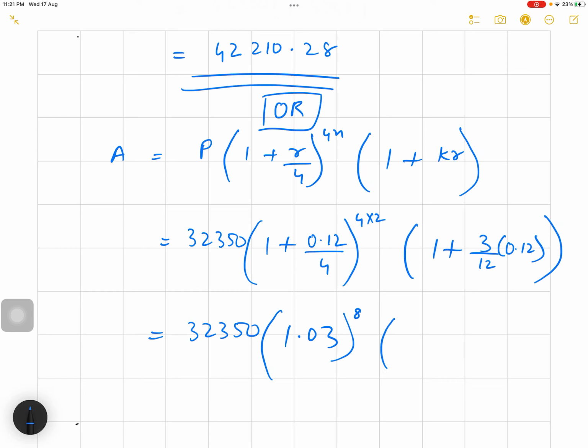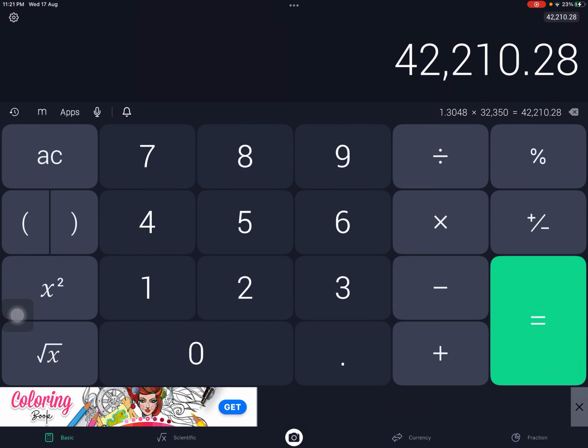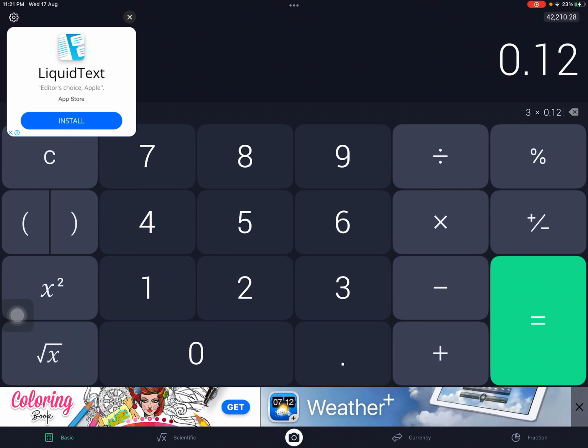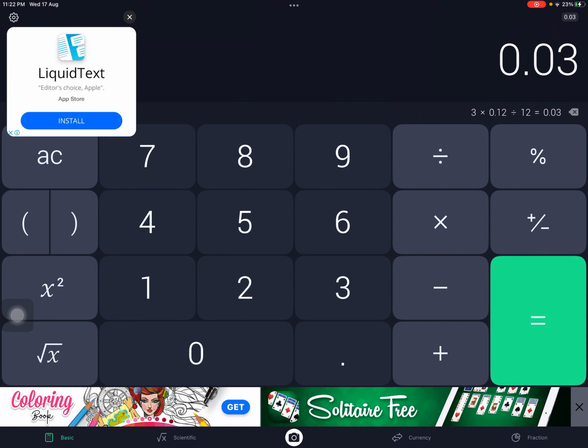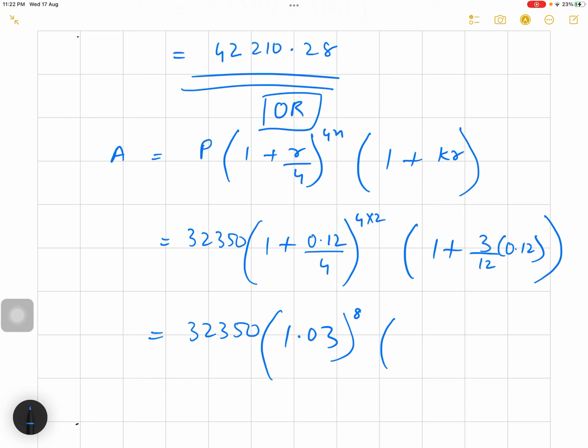Let's calculate this. 3 into 0.12 divided by 12, it will come to 0.03. Yeah, this comes to 1.03.